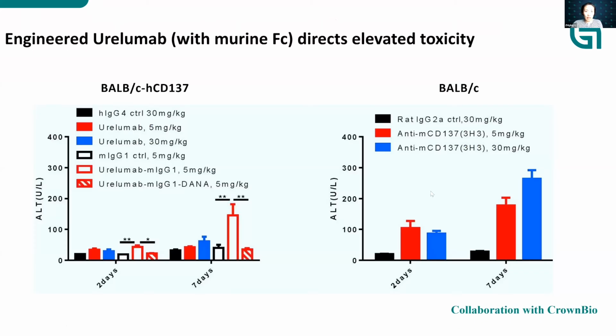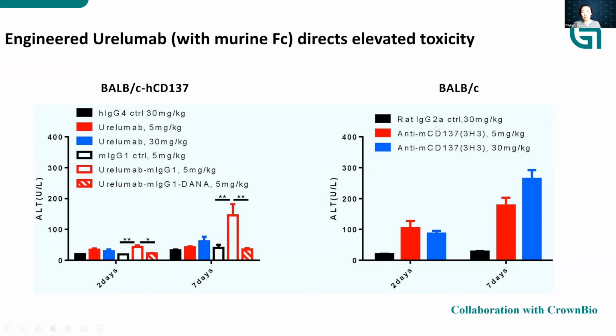So we think probably we have a readout, which is, retrospectively, if urelumab was given a mouse Fc, which can engage the mouse FcγRs, probably at the preclinical phase the adverse effect would be read out by using mouse, for example. As you can tell, by 2 days or by 7 days, the ALT activity is very obvious, especially at 7 days.